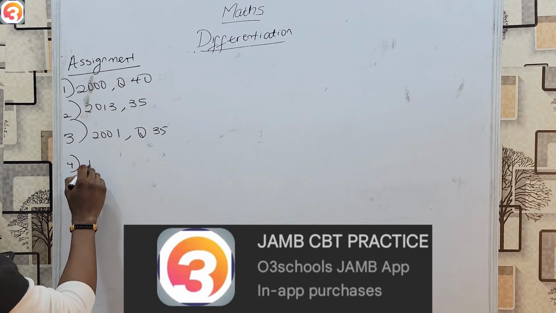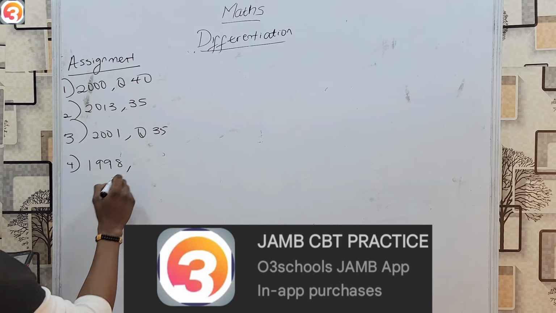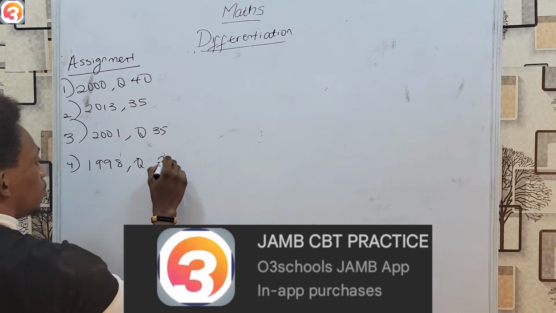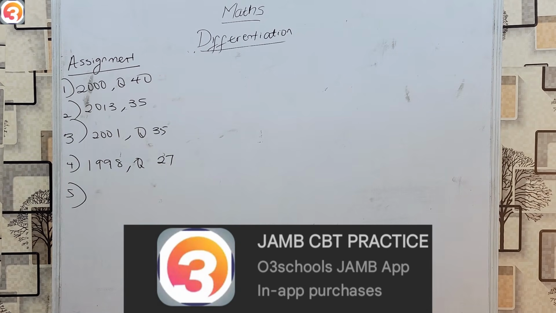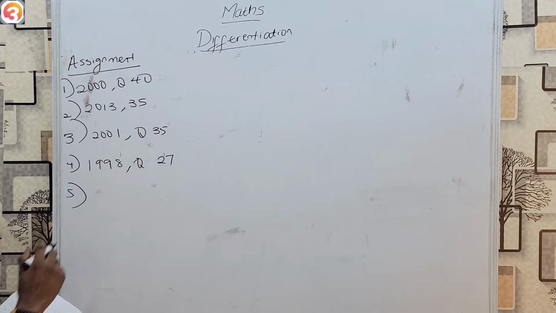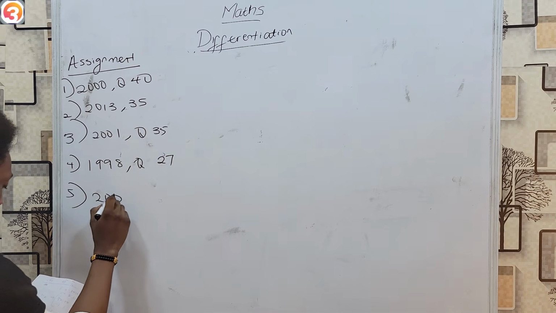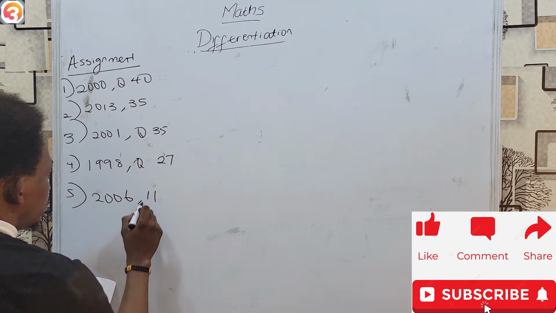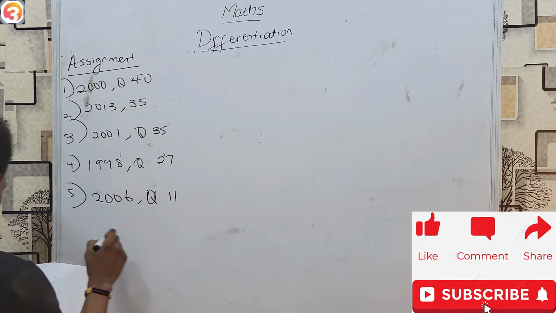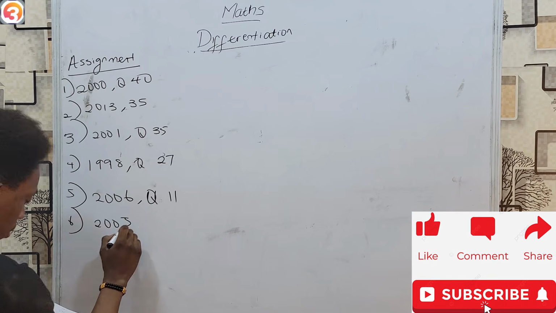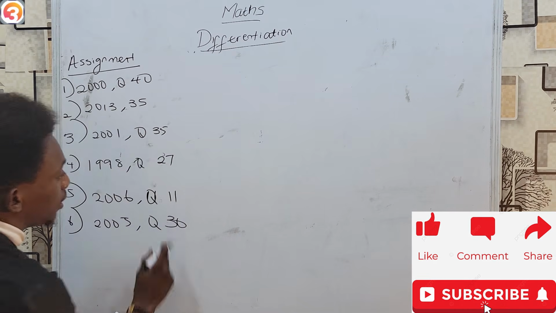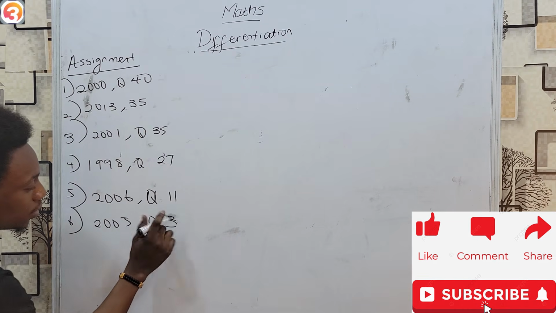Also, the year 1998, question 27. That's not all. You could also take a look at the year 2006, question 11. And last but not least, 2005, question 30. This is 3 and 0.